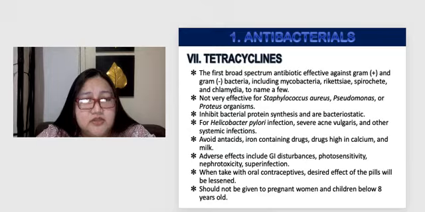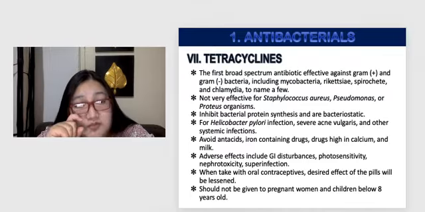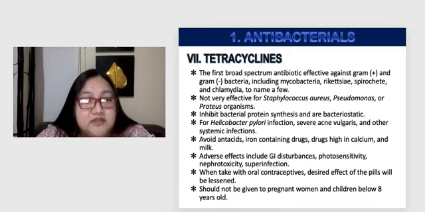Tetracyclines also should not be given to pregnant women and children below 8 years old. For pregnant women, there are two reasons. During first trimester of pregnancy, it's teratogenic. Tetracycline can cross the placenta, and during the first trimester of pregnancy, it can harm the fetus.